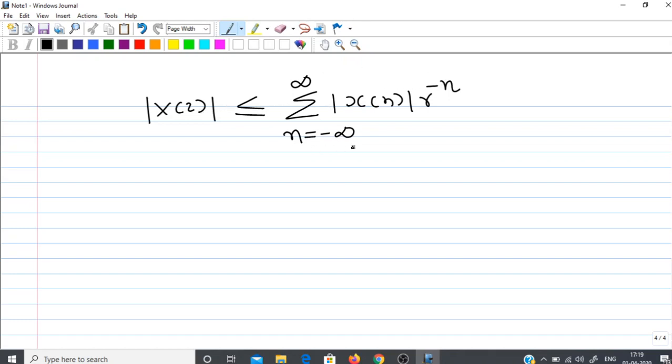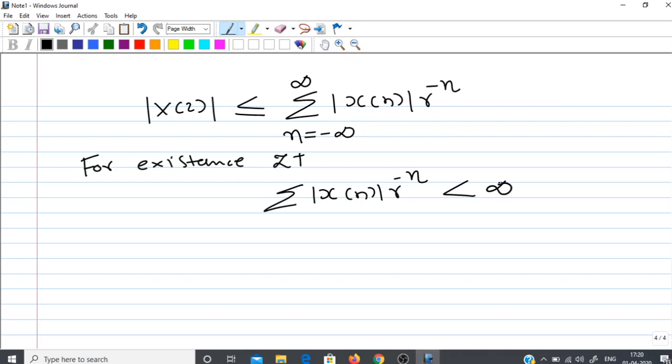If this quantity is less than C, then mod X(z) is also less than C. So what is the condition for the existence? That for the existence of the Z transform, this summation should be finite. Which summation? The summation of mod x[n] r to the power minus n.